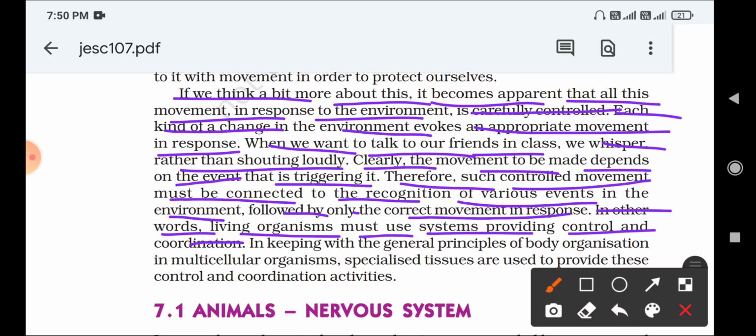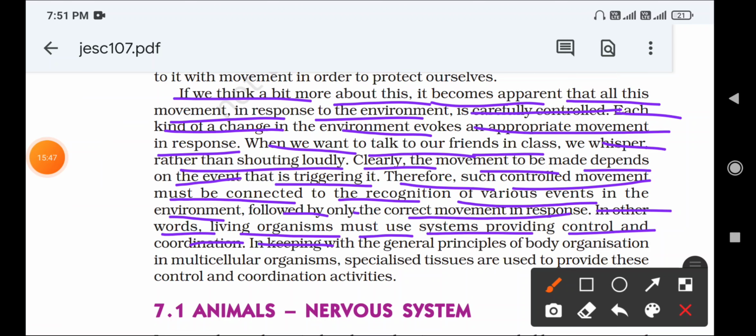From all this explanation we conclude that whatever we are doing, whatever we are talking about, and whatever we are responding to in the changes in the environment, we do with more appropriateness and precision, because our system has a control and coordination system that performs perfect and 100% accurate functions according to the changes in the environment.